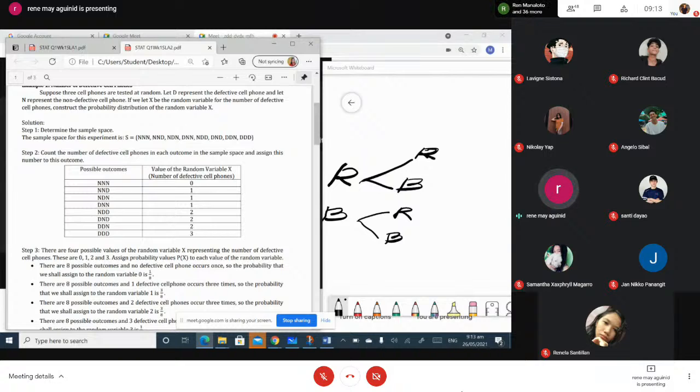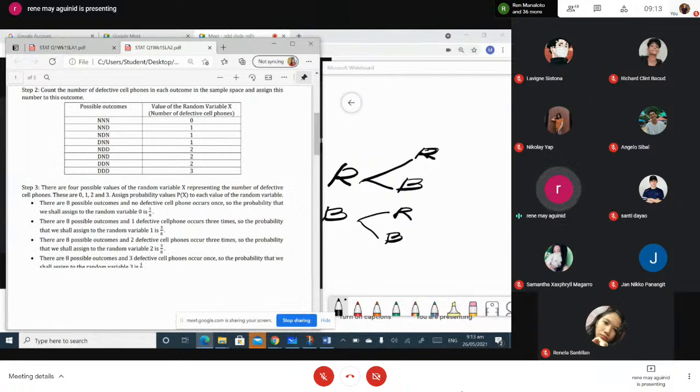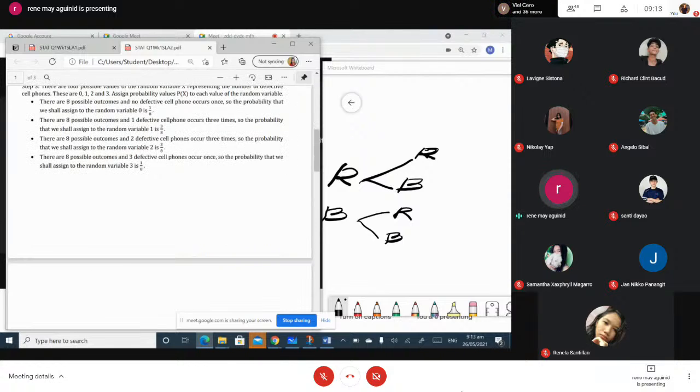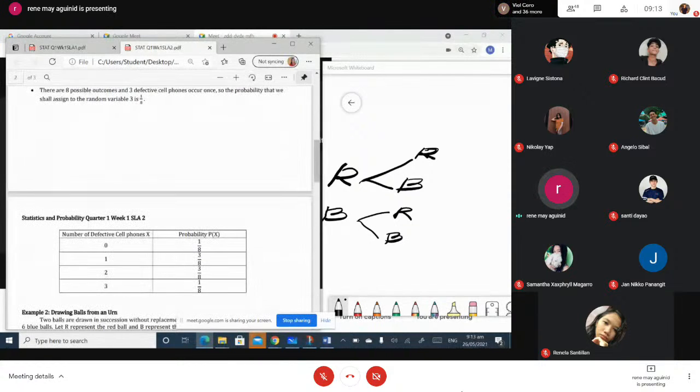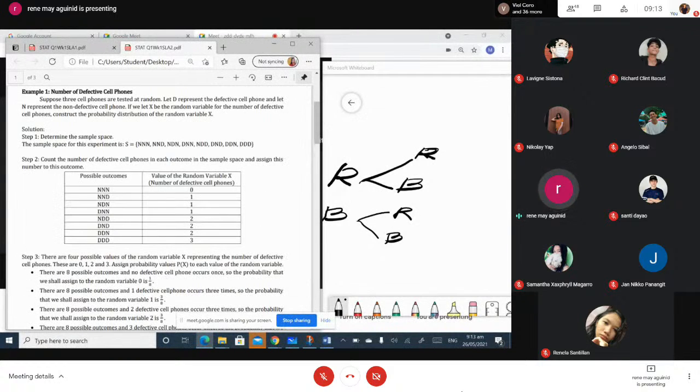Let's proceed to the probability distribution. So what is a probability distribution? Again, from this table, how will you create your probability distribution?